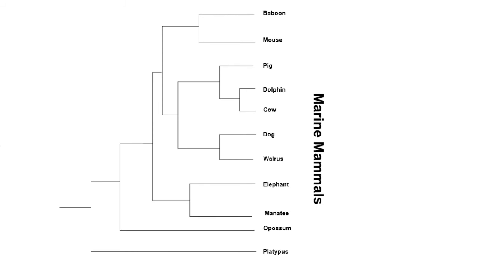Let's pick out the marine mammals from this phylogeny of the mammals. All right, so what's going on here? Well, here are the marine mammals. It excludes their terrestrial ancestors, presumably terrestrial ancestors, and remember that these are hypotheses.